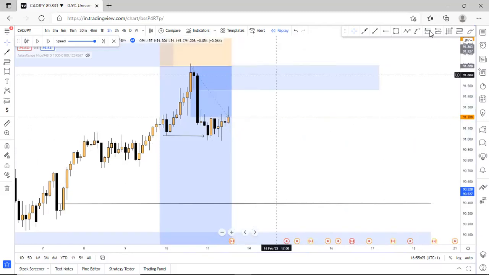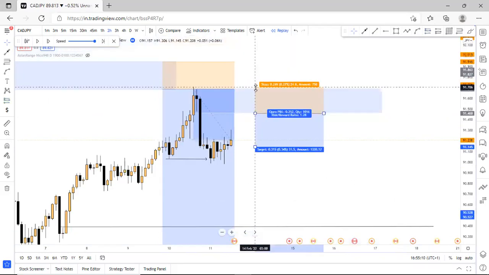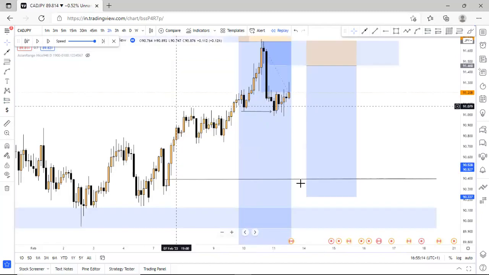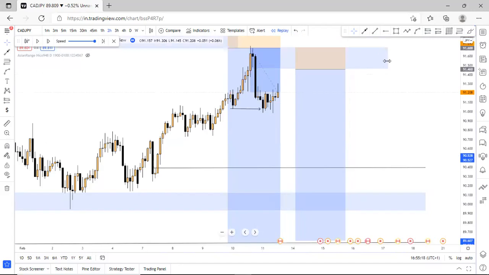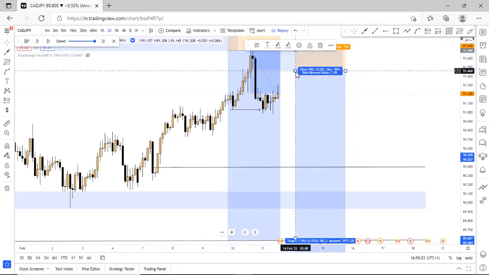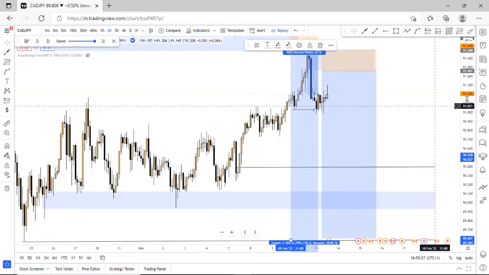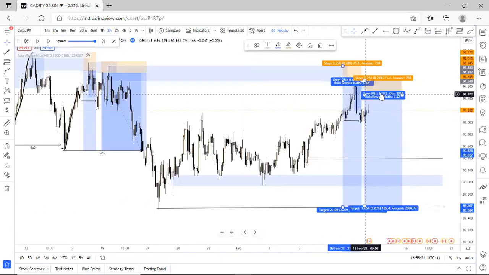We can have our entry from right here with our stop loss just above this supply zone, and still targeting the same area. So from this zone we now have two entries.